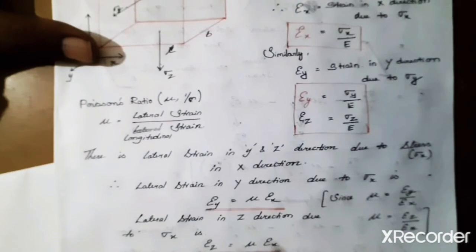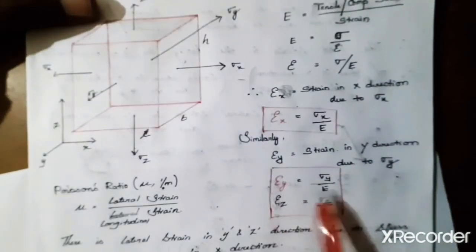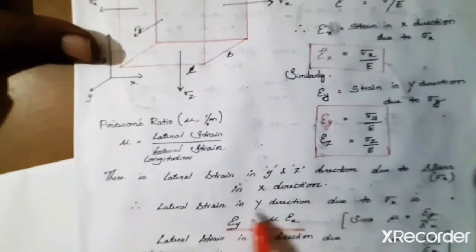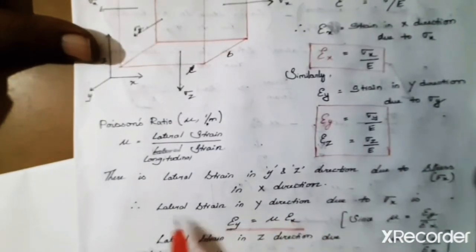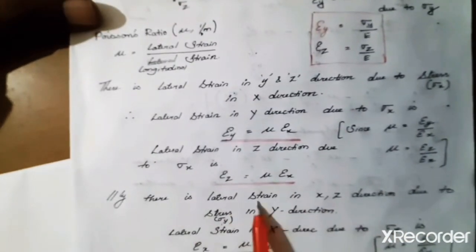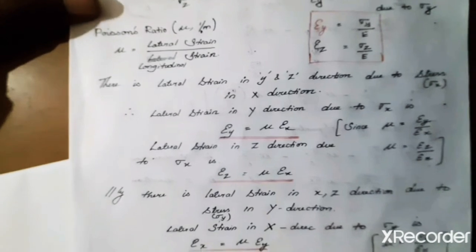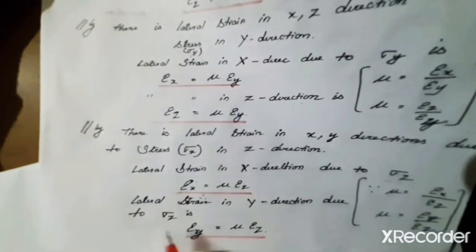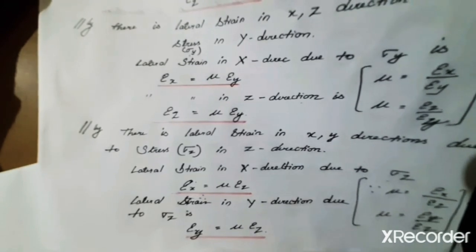Similarly, there is a longitudinal strain in y direction, and in y direction there is a lateral strain because of sigma x, and also a lateral strain because of sigma z. Okay, so I hope you understood here.